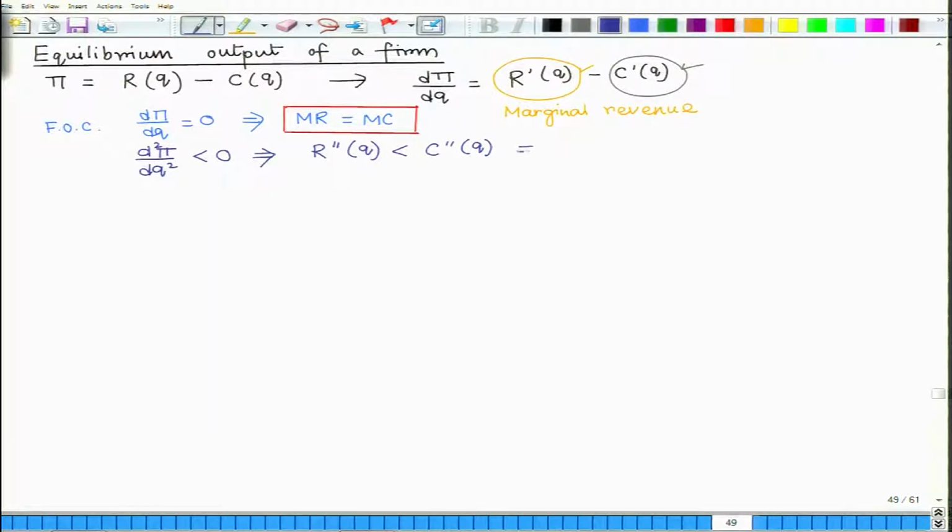So, in simple words, that means rate of change in marginal revenue shall be less than rate of change in marginal cost. This has very important implication in theory of markets. We will revisit this again.